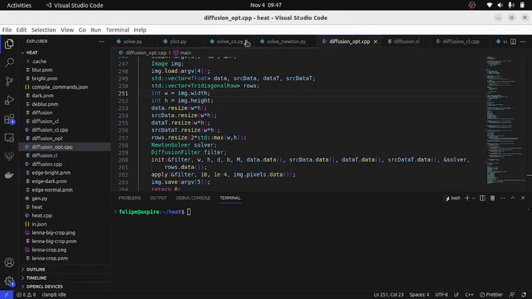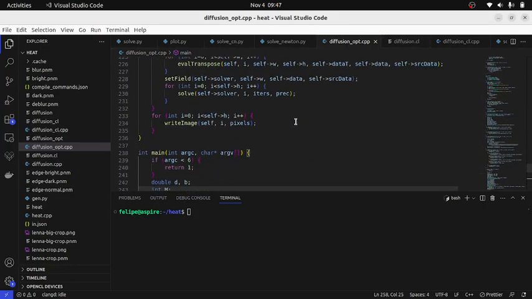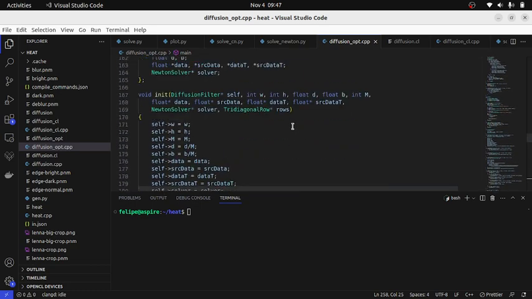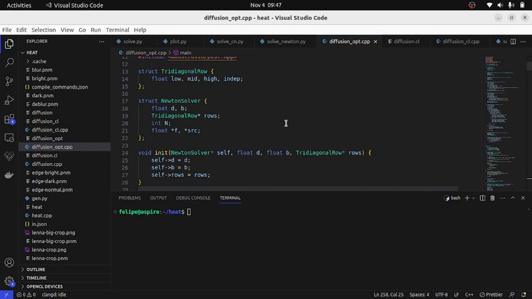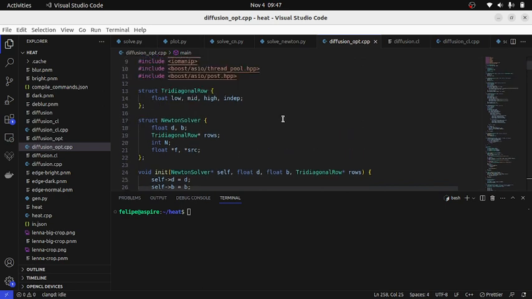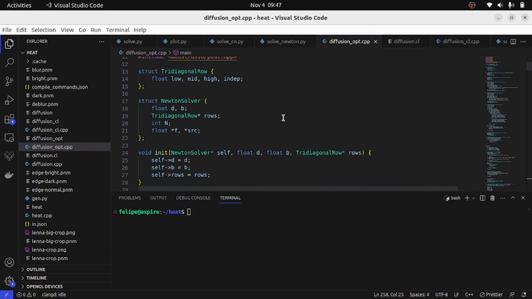The first step I did was to optimize the diffusion code that we wrote. Before, we had classes and all of the C++, but I got rid of all of it because OpenCL is more or less like C. OpenCL does not have classes, right?